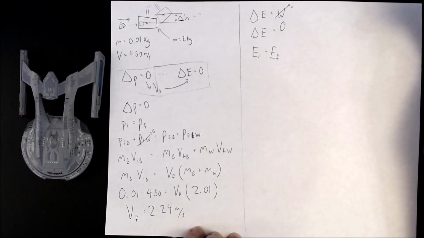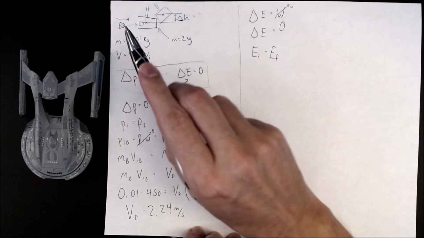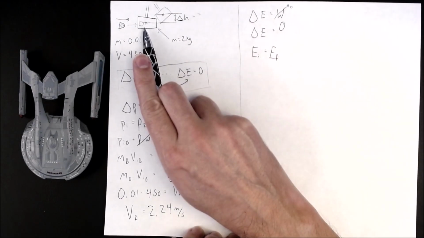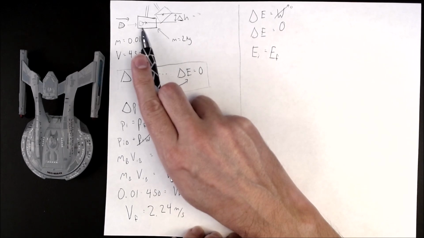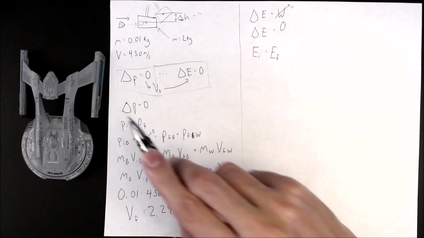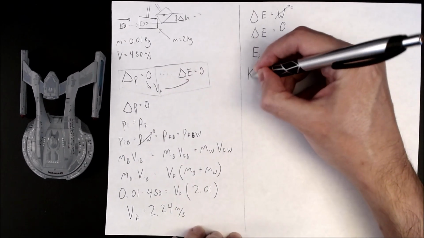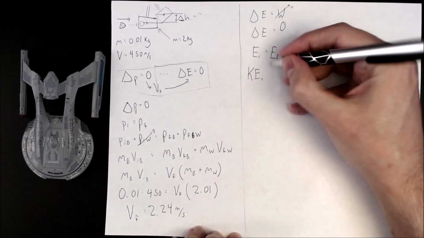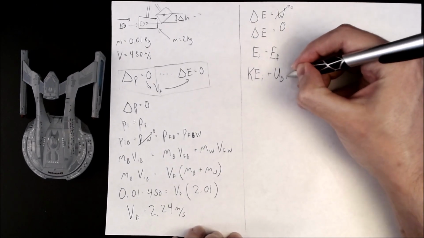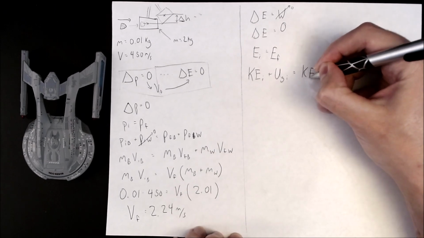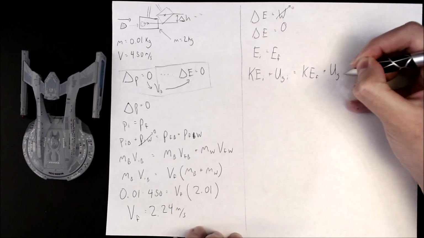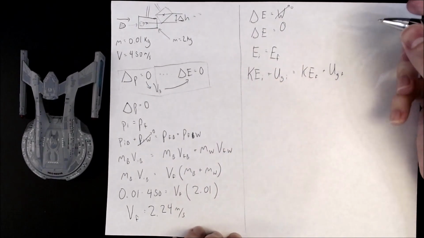What kinds of energy are we looking at? Well, there's definitely the possibility of kinetic and gravitational potential. I don't really see any springs in here. So kinetic energy initial plus gravitational potential initial is equal to kinetic energy final plus gravitational potential final.